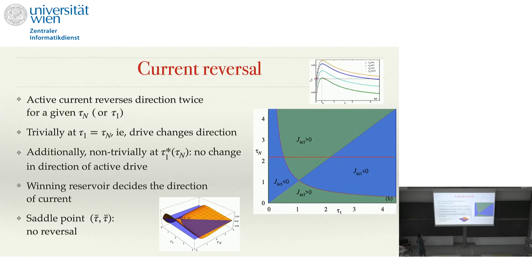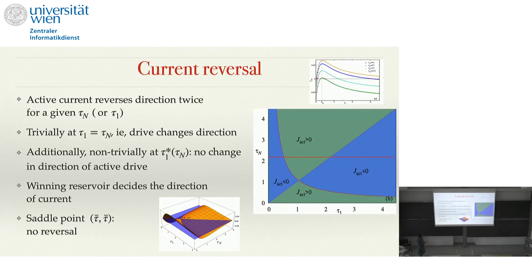Just to remind you again, as we saw from this plot, the current changes direction twice. Once when the reservoir activities are equal, so that's this line. This is the tau 1, tau 2 plane, and this shows where the current is positive or negative. As we cross this tau 1 equal to tau n line, of course the current will change sign.